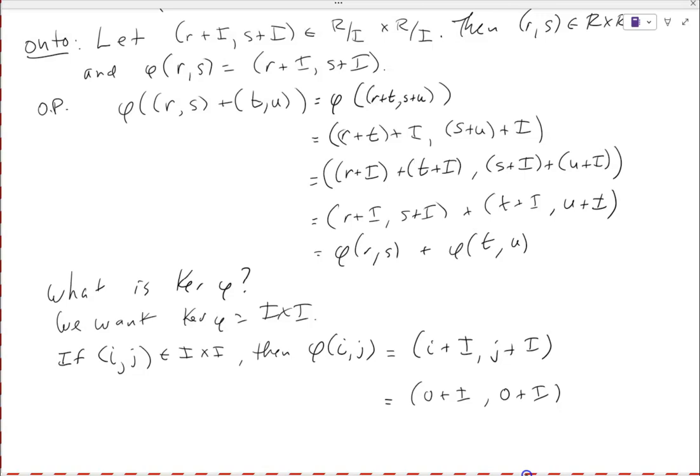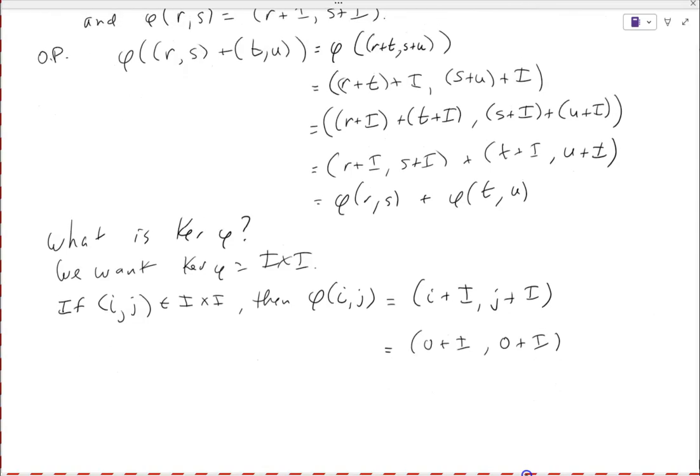Their difference is in the ideal. Well, if i is already in the ideal, i minus 0 is in the ideal. So i and 0 are the same coset generators. They generate the same coset. So this tells us that i comma j is in the kernel of phi. So we've showed that I cross I is contained in the kernel.